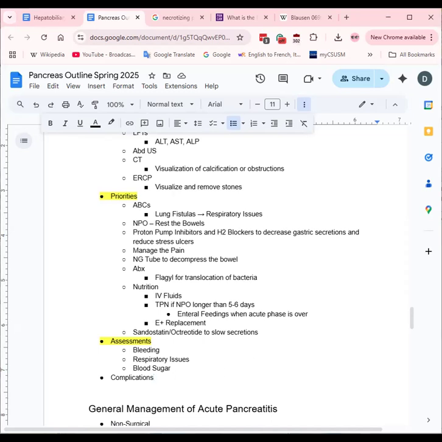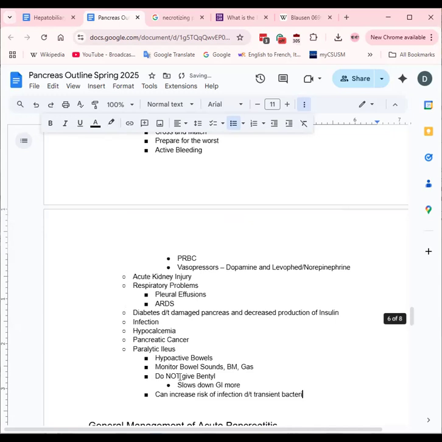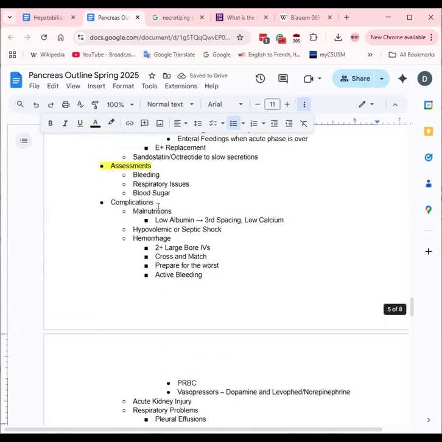For complications, I will list some of this stuff. Some of the stuff again, we already kind of talked about. So malnutrition is a complication. When you're very malnourished, probably won't be the case with someone that's only malnourished for a few days, but a decrease in albumin can also lead to third spacing.